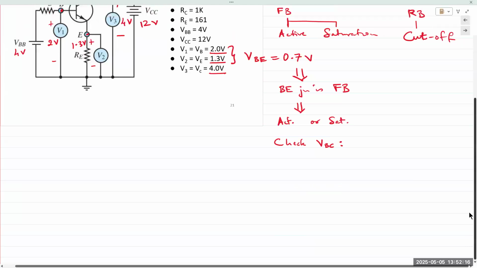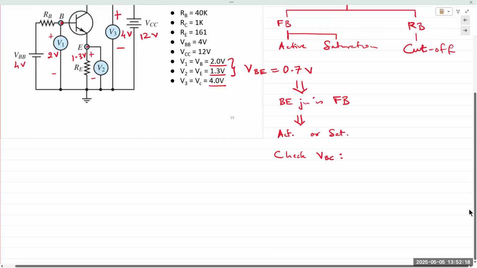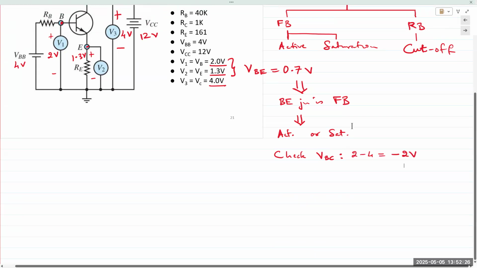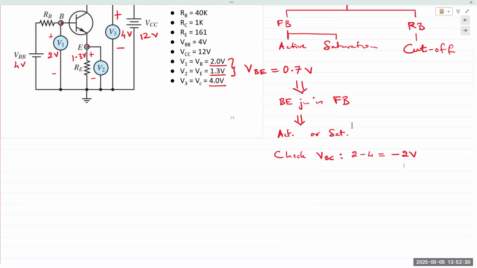And what do we see? 2 minus 4, minus 2 volts. Again, NPN transistor: the base is P-type, collector is N-type. So if you measure voltage at the base with respect to the collector, that voltage must be 0.6, 0.7 volts for forward bias.